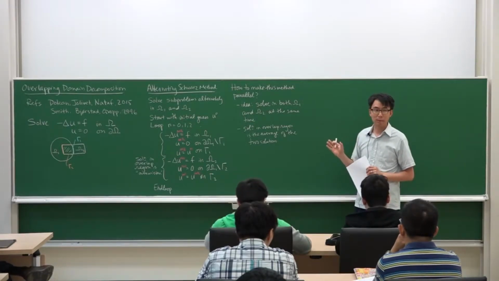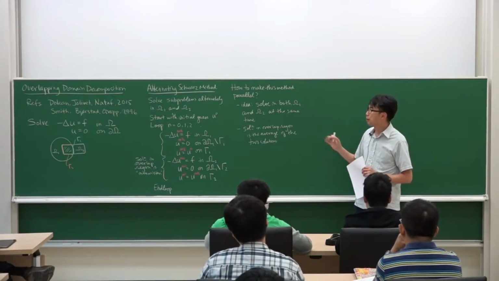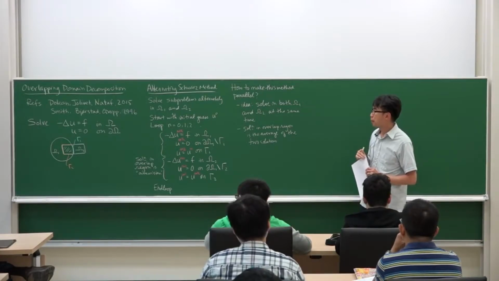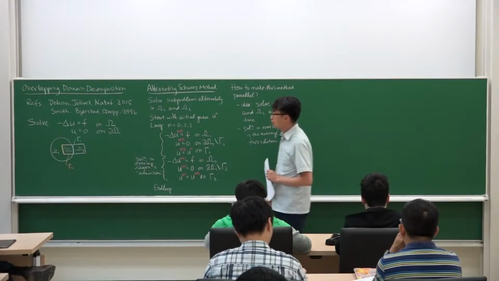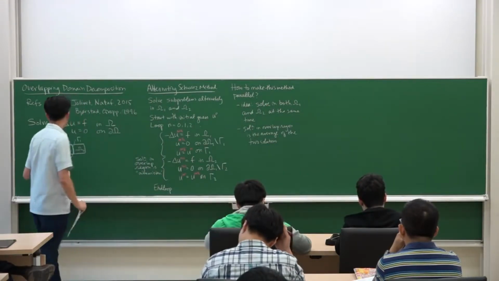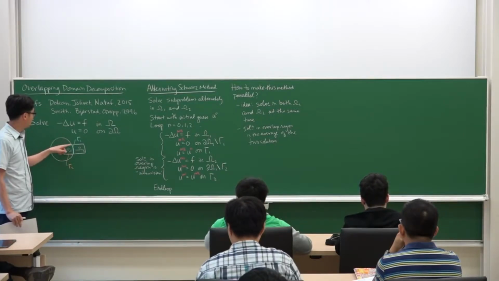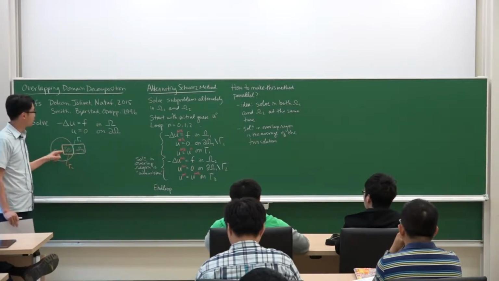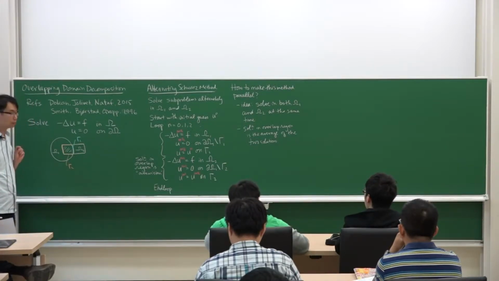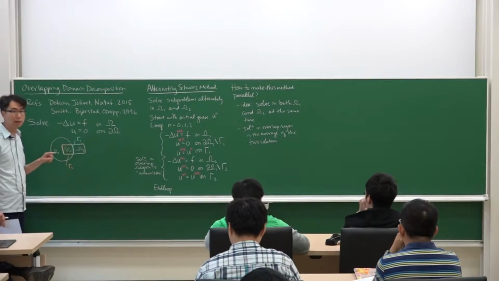But let me describe now a better parallel method. The idea is that you will solve in the first subdomain and in the second subdomain at the same time. Whenever you solve in the first subdomain, you take the solution on the boundary here from the second subdomain and vice versa.